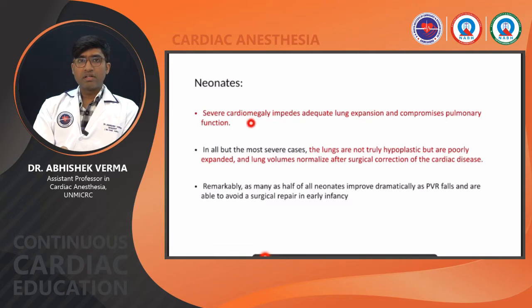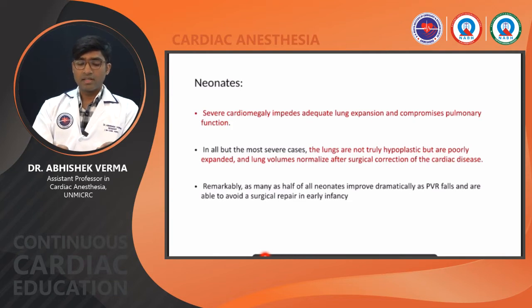And if there is severe cardiomegaly, then what happens? The lung will not expand very well because the thoracic cavity is a closed cavity. Lung expansion is hampered, which means there is compromised pulmonary function. But in most cases, lungs are not truly hypoplastic. They are good, but due to the very large cardiomegaly, they are not expanded.